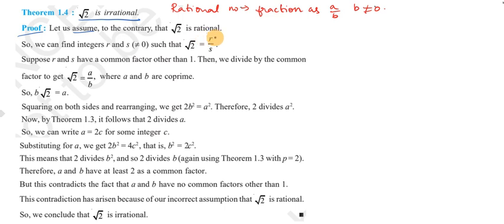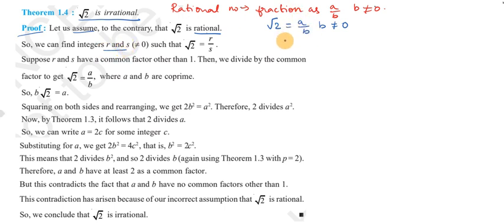So what is our consideration? Our consideration is that root 2 is rational. If it is rational, it means that I can write root 2 as a fraction a by b, provided b is not equal to 0. Here in our textbook we take the integers as r and s and not a and b.